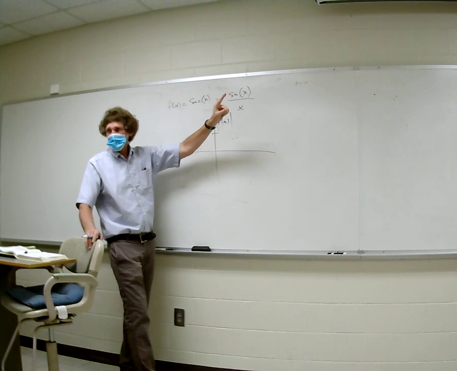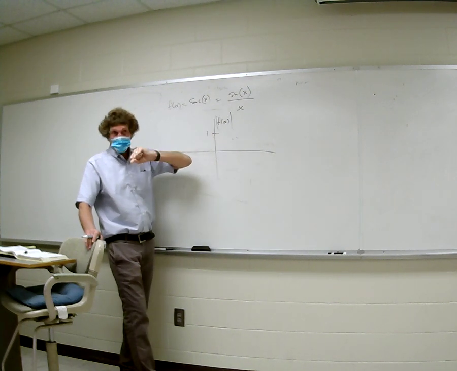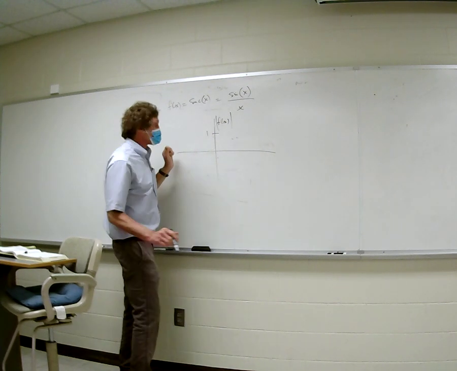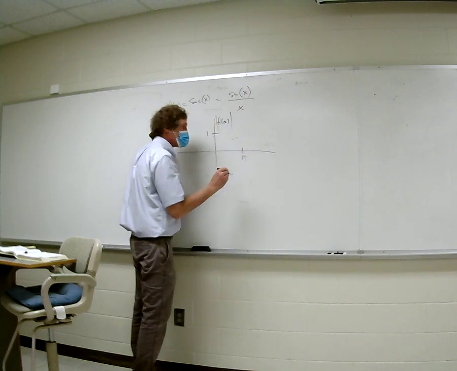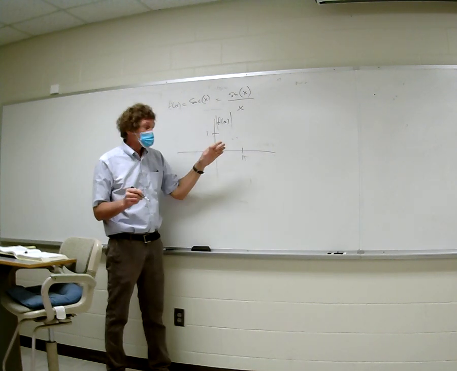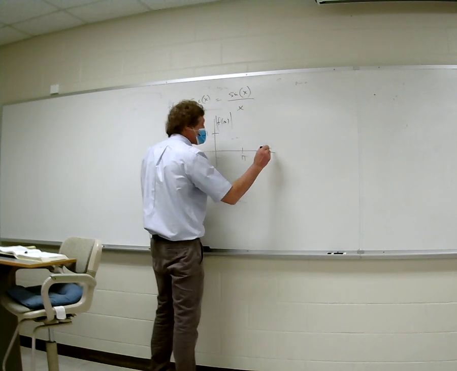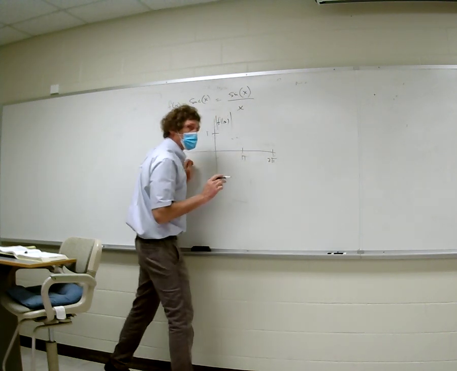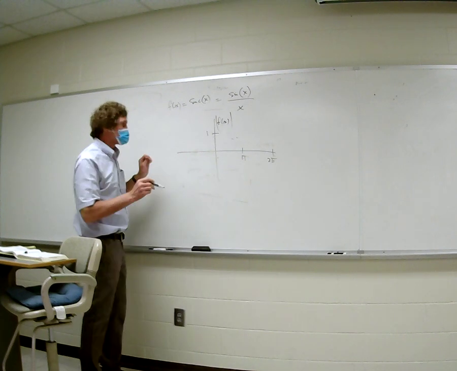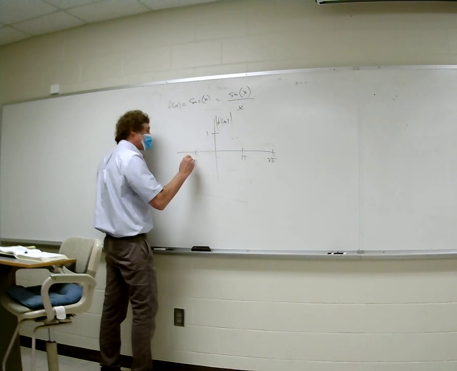Or, I'm sorry, sine of pi, right? Correct, class? Sine of pi is 0, correct? So you come out here and you put pi down. Now, it goes to a relative maximum at 3/2 pi. It goes back to 0 again at 2 pi, right? And we can make the argument as n pi goes to 0, it'll be a symmetric function.